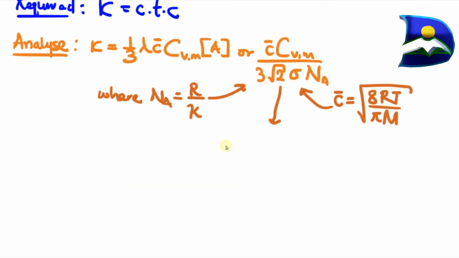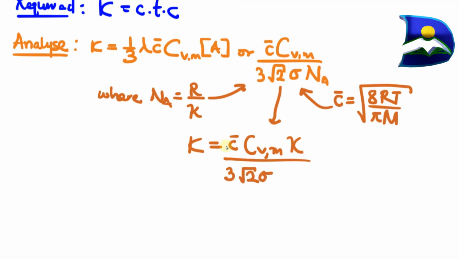Take note, this k is the thermal conductivity constant, equal to the mean speed, for which we've not yet put in the new expression, c, the mean speed, multiplied by the heat capacity of our gas, multiplied by, take note that this k is represented as the Boltzmann's constant, divided by 3 square root of 2 and multiplied by our specific cross section of our gas multiplied by our gas constant.